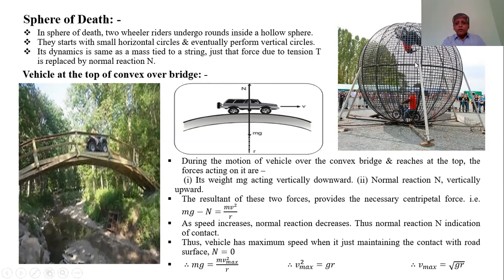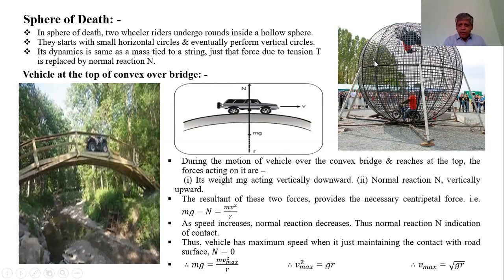Inside these hollow spheres, the rider starts with a small horizontal circular motion. First, the rider moves along this horizontal circular motion, and then increases the speed and changes the circular orbit to an inclined orbit, and then performs vertical circular motion. Its dynamics is the same.